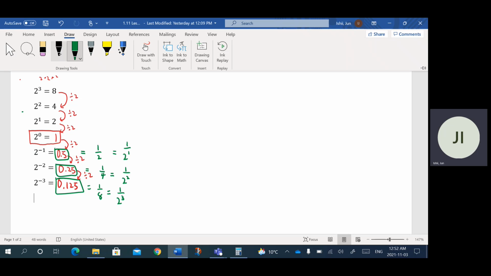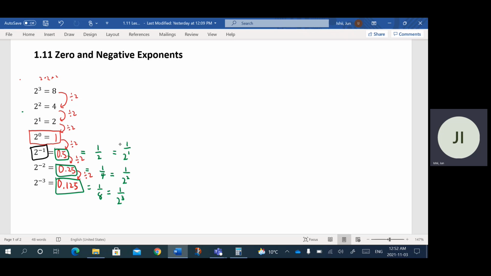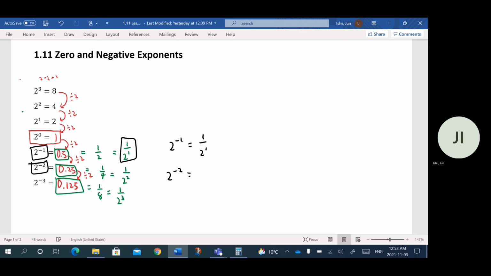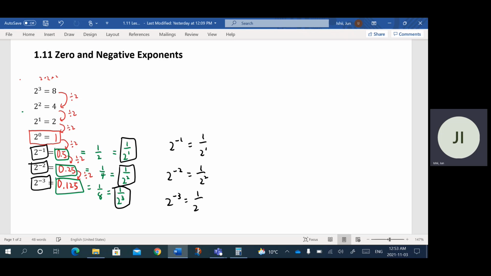Let's take a look at these negative exponents. I'm just going to jump straight from 2 to the negative 1. 2 to the negative 1 is the same as 1 over 2 to the positive 1. 2 to the negative 2 is equal to 1 over 2 squared. 2 to the negative 3 is equal to 1 over 2 cubed.